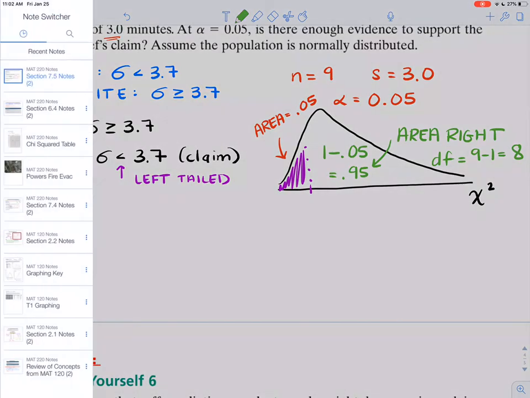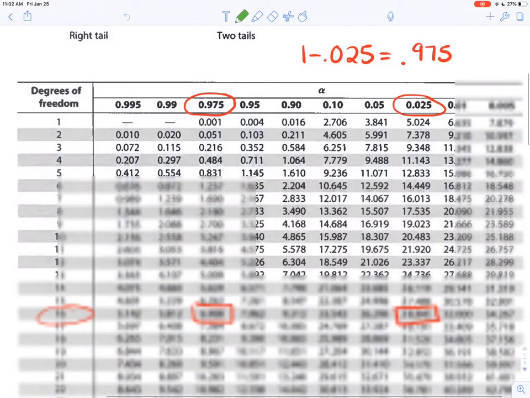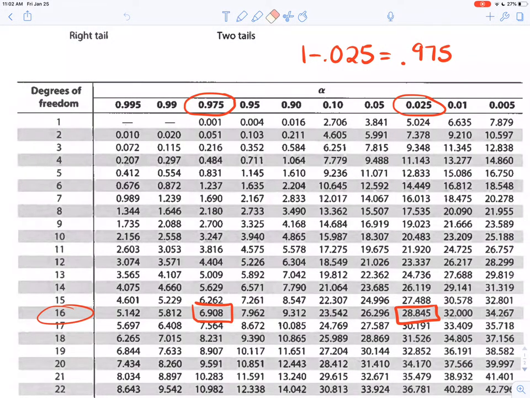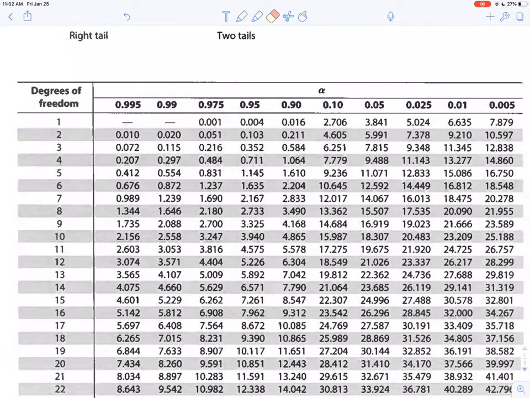All right, so I'm going to go to my chi-squared table now. Again, what I'm looking for here is area to the right of 0.95. That's always what we look up in the chi-squared table. And degrees of freedom here, n minus 1, were 8.